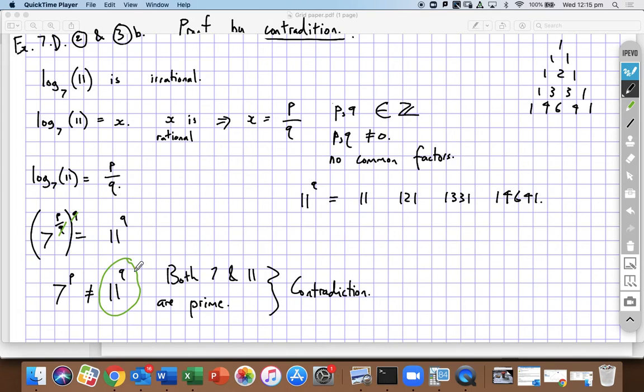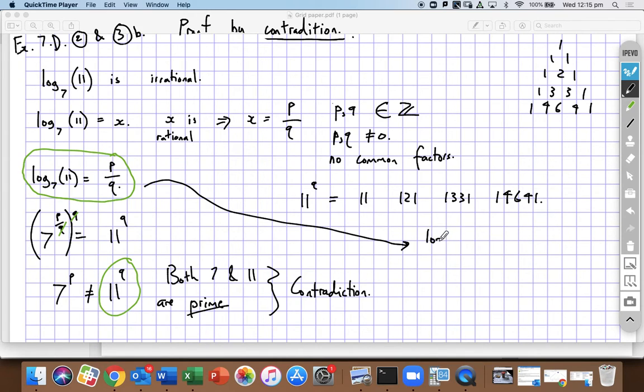You might be tempted to go down some other lines of reasoning. For example, if I went back to this expression here, I could deduce certain things about P and Q. They're not going to be helpful, but they might be worth talking about.